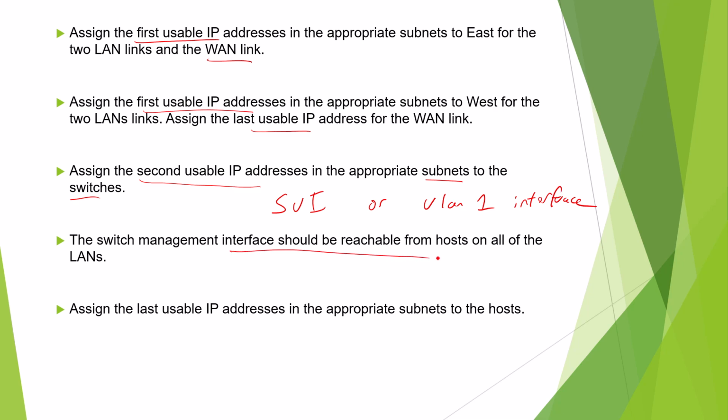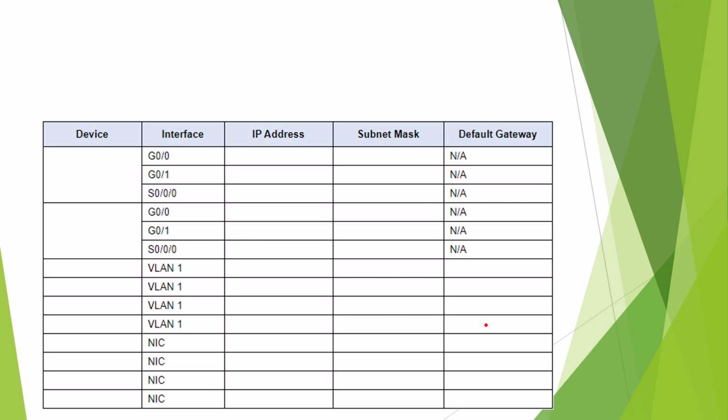Again, the switch should be reachable. Last, assign the last address to the appropriate host. So I'm going to go back one slide, and we're going to work on filling out this chart.